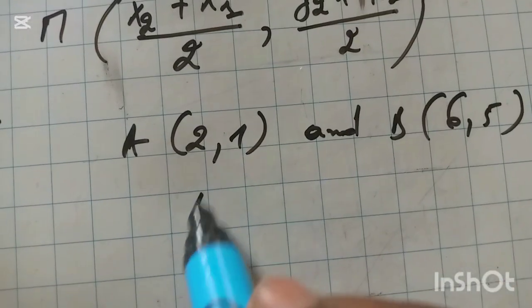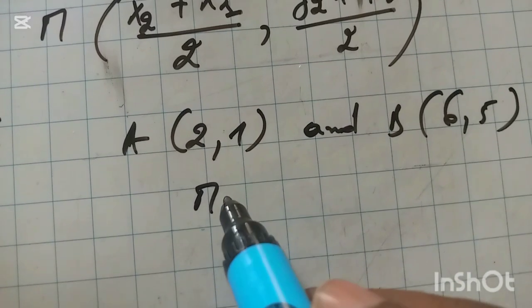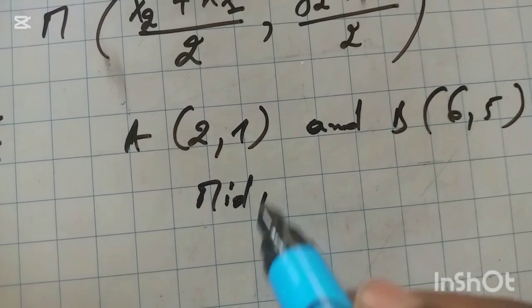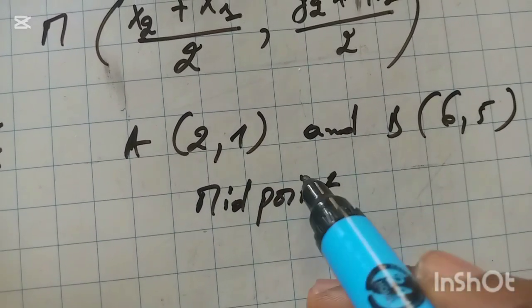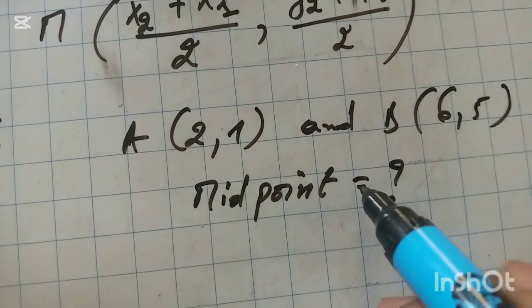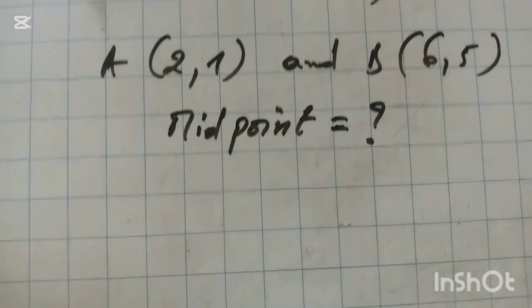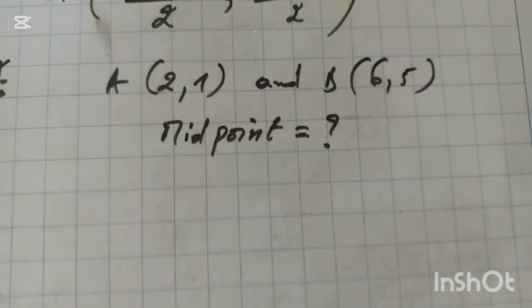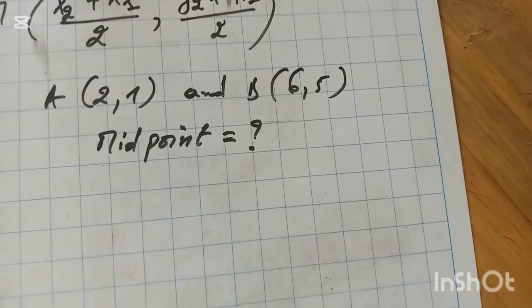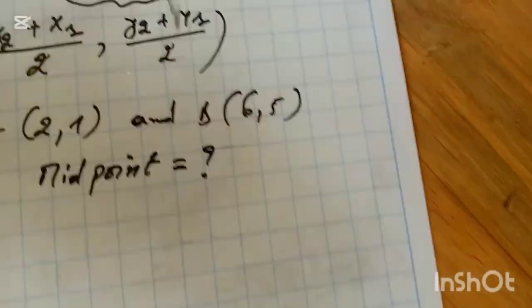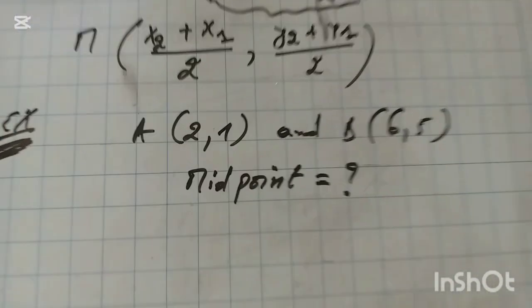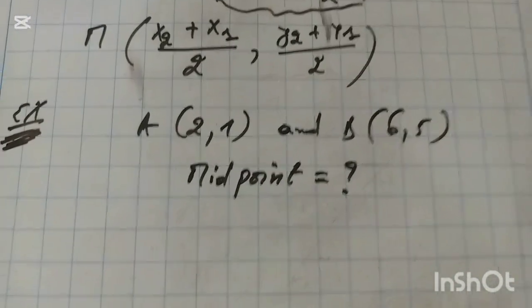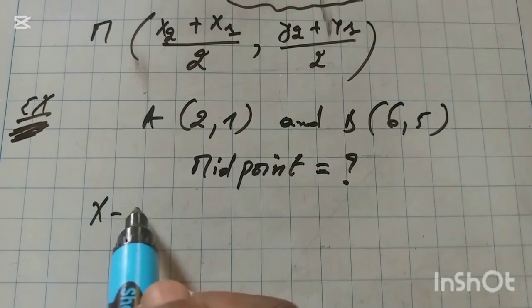And we need to find the midpoint of our line, which is joining those 2 points.